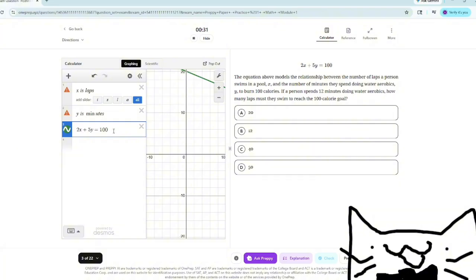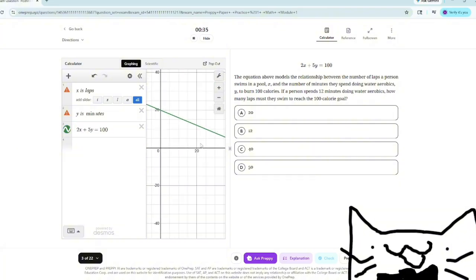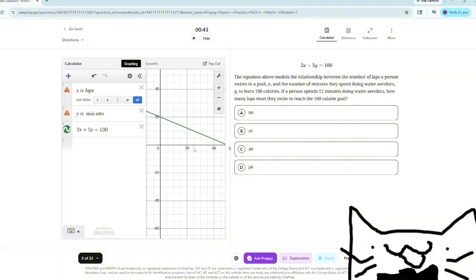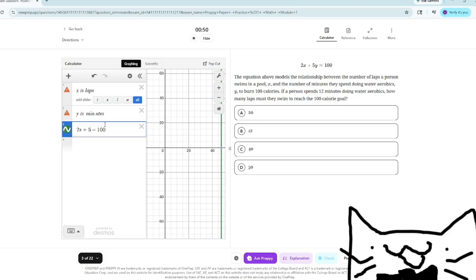But that's where you need the basic understanding of math. Or, oh wait, actually, you don't need it. You could use Desmos, or you could just use the concepts you know. I'm going to show you how to do concepts first, though. What you can do is just replace the y. Since y is the minutes, if a person spends 12 minutes, y is essentially just 12.